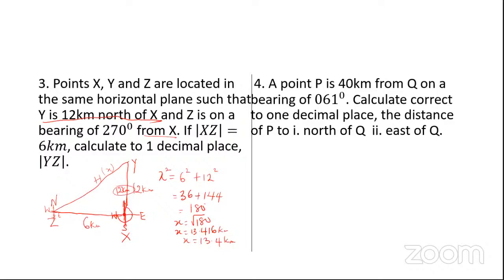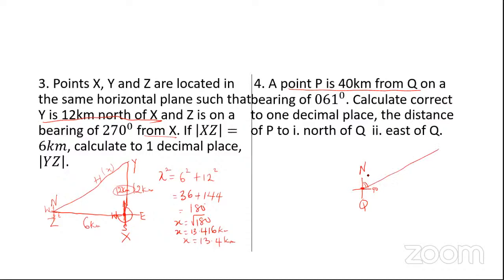So let's first interpret the first statement. Point P is 40 kilometers from Q on a bearing of 061 from Q. Come here and locate your Q. Let's assume that we have Q here. On a bearing of 061, from the north, 61 is not up to 90, so it will fall somewhere here.